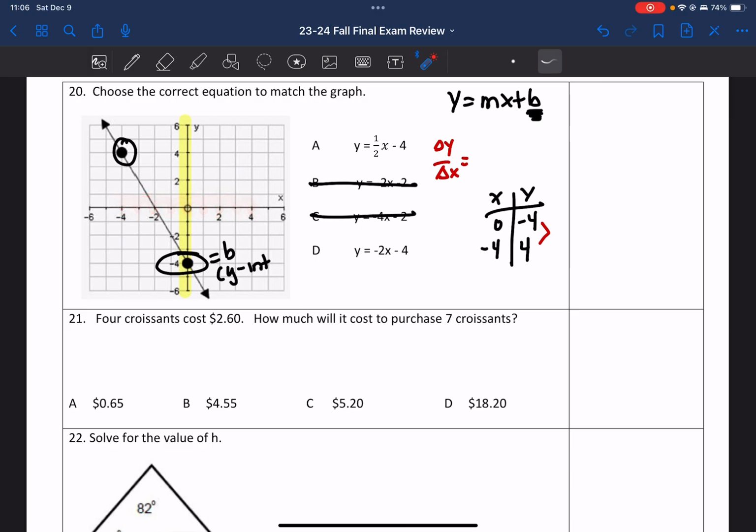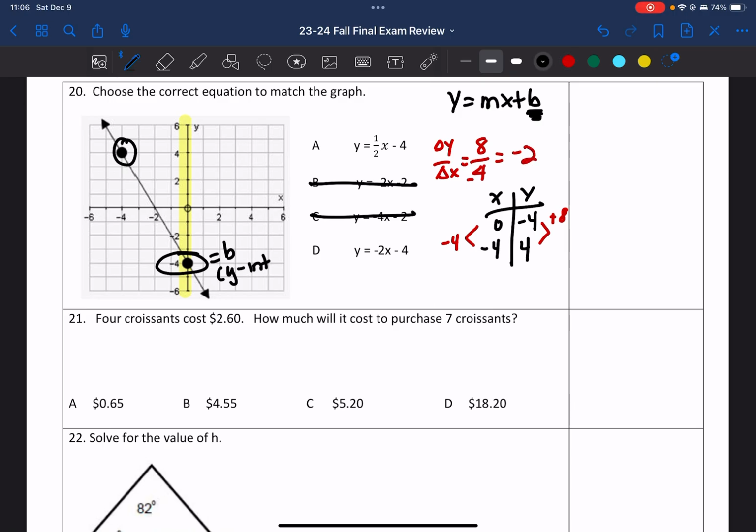It went up 8, so that would be +8. But here it's going from 0 to -4, so it went down -4. So that means this is going to be 8 divided by -4, which is going to give me -2, okay?